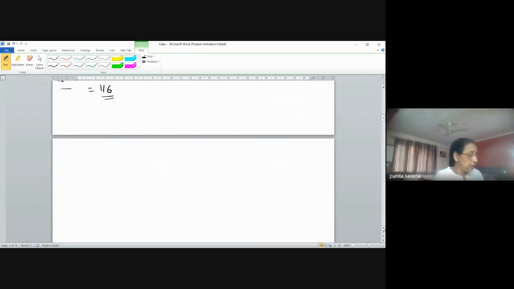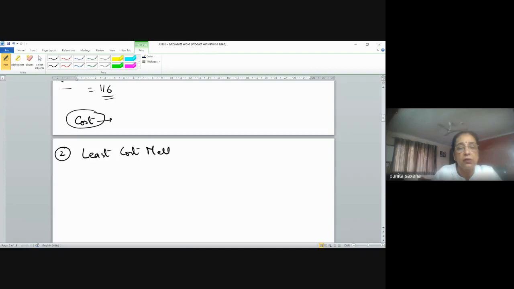So what we do is we move to the next method, right? Now, the only drawback with the Northwest method is that we have not considered cost of transportation at all while making the allocations, okay? So that's why the second method that we talk of is called the least cost method, okay?